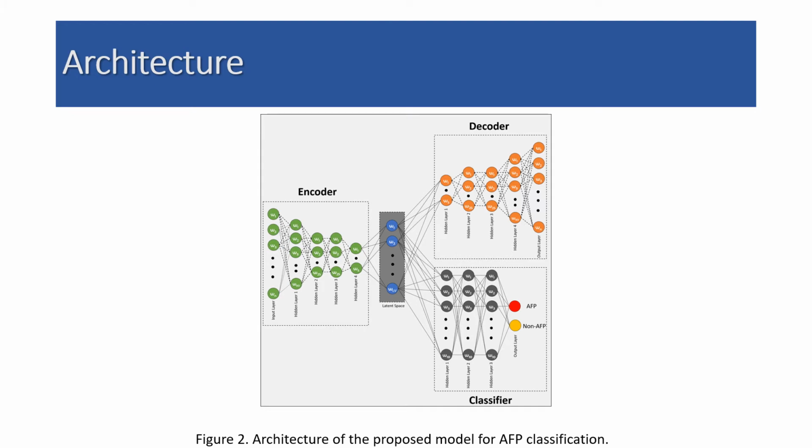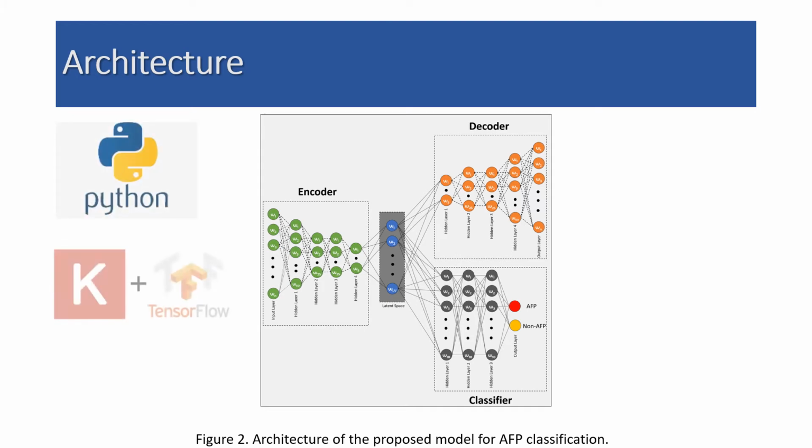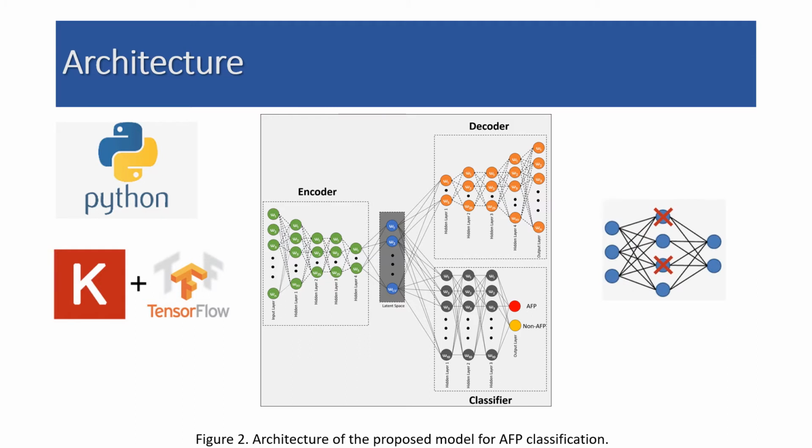The model is trained using Python on Keras for 1000 epochs with a variant of gradient descent algorithm called RMSprop. Each layer uses the ReLU activation function except for the output layer of the classifier, which uses the softmax function. Furthermore, a dropout layer of 30% is used after each layer for better generalization and to avoid overfitting.